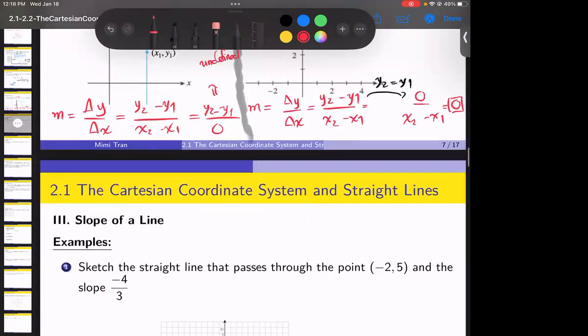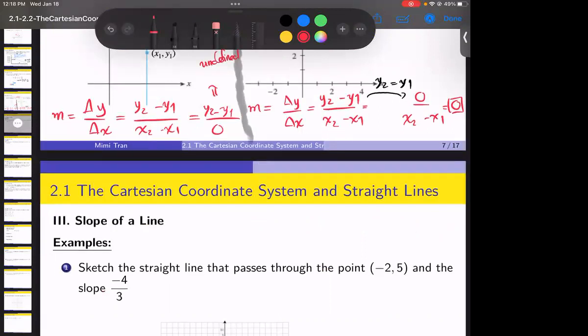Everybody, while we're waiting, why don't you try this? Sketch the straight line that passes through the point (-2, 5) with slope -4/3.